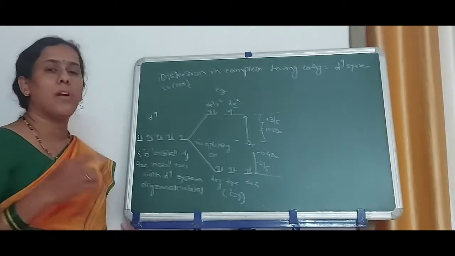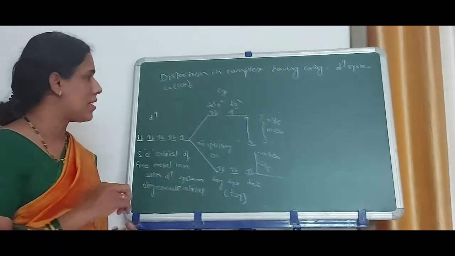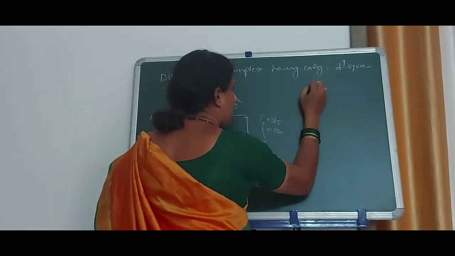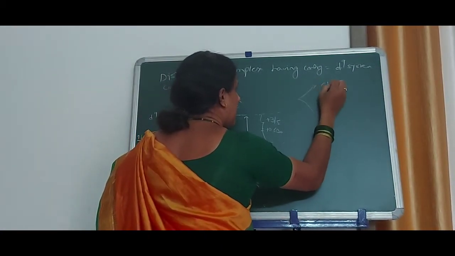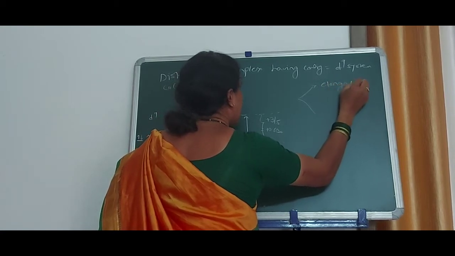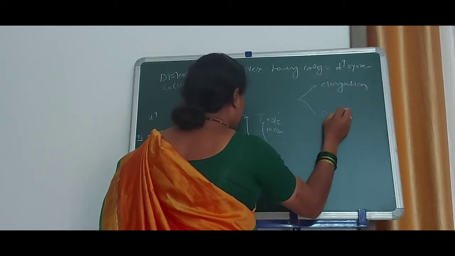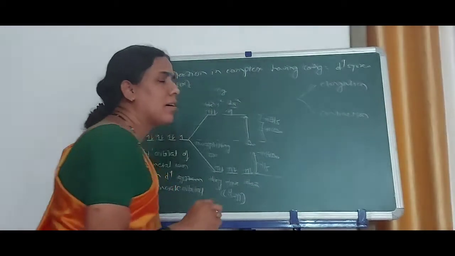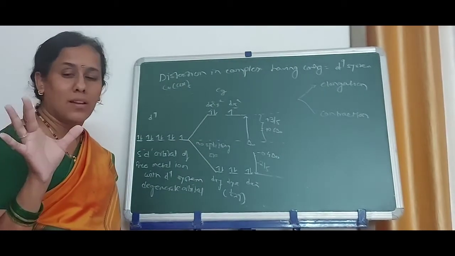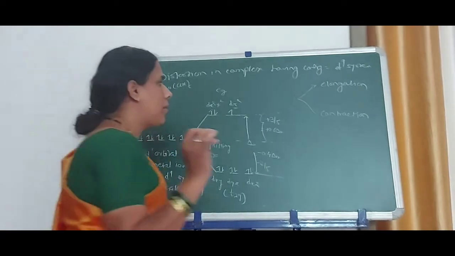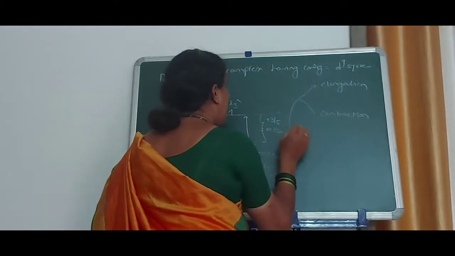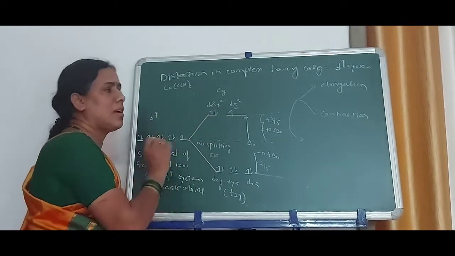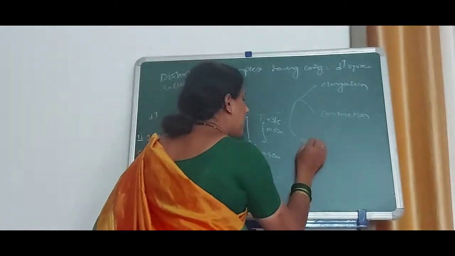Now here we have to consider the two cases: in elongation and in contraction. In elongation, if the bond length is greater than that of the equatorial bond length, at that time the electrons of Eg orbitals, how many electrons are there? 3 electrons of Eg orbitals.